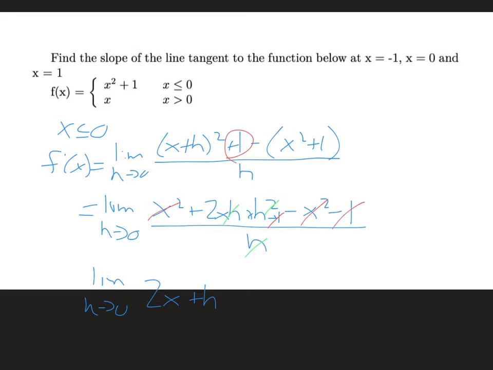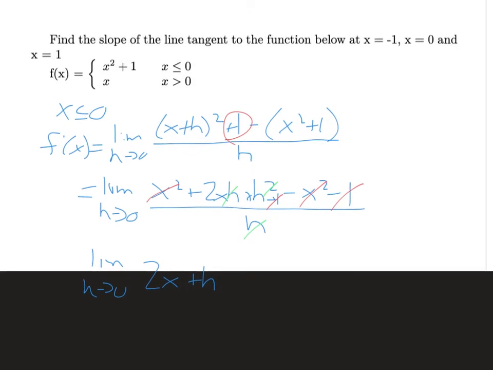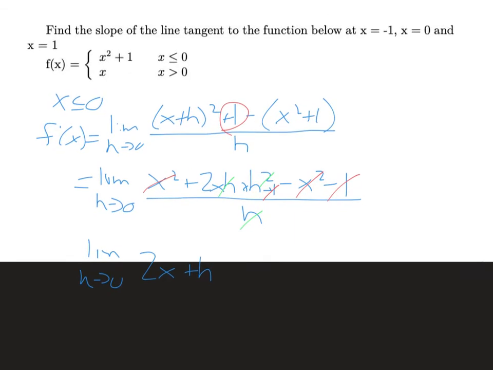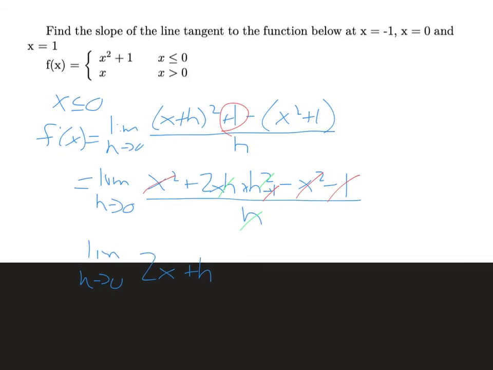So then we have, if x is less than or equal to 0, then f prime of x equals 2x.